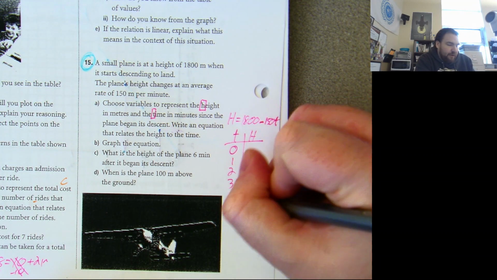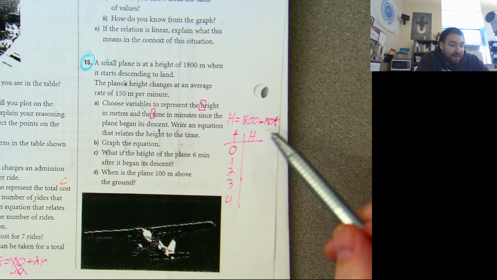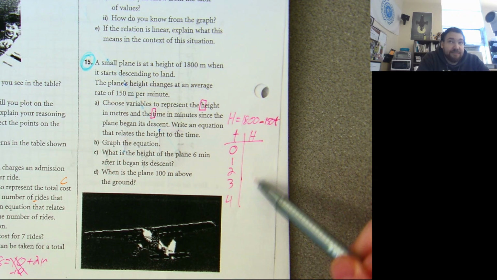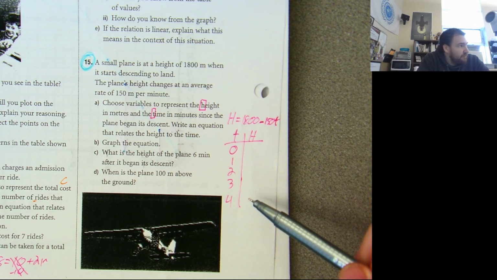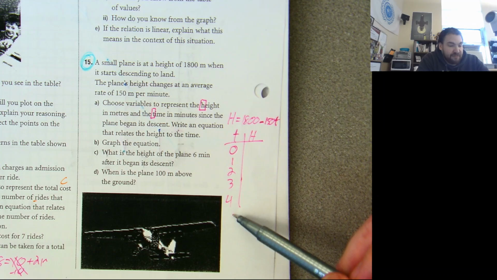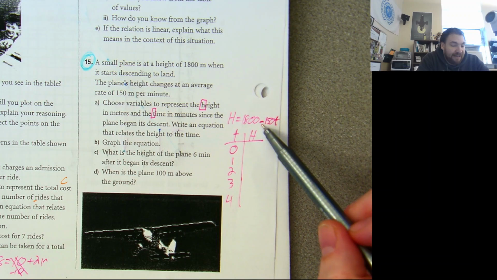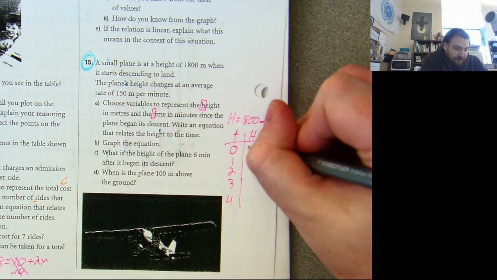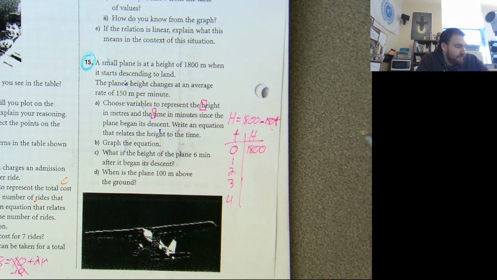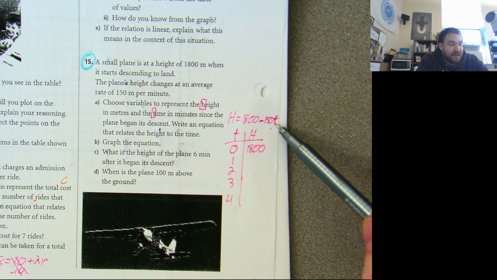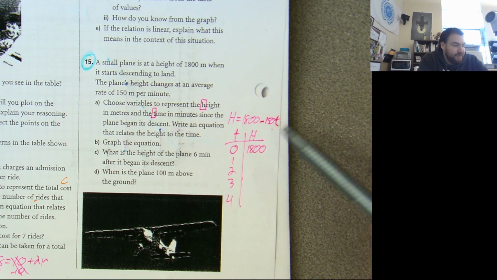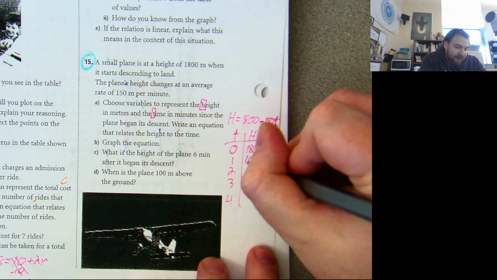1, 2, 3, 4. If we plug these values in, we're going to get some heights, some altitudes at different times. If I plug 0 in here, it's going to be 1,800 minus 0. Well, that's just going to be 1,800. I plug 1 in here. 150 times 1 is 150. 1,800 minus 150 is 1,650.